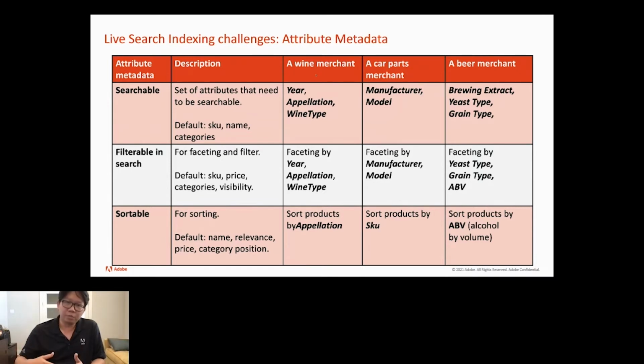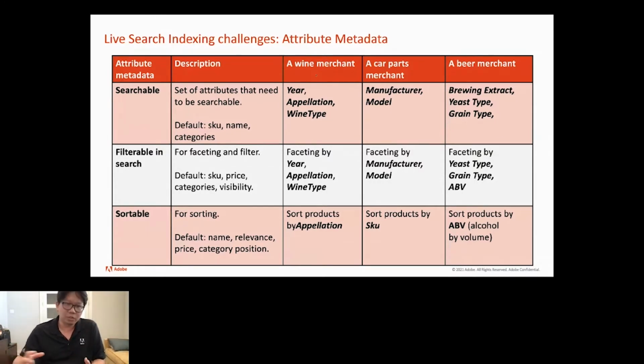They're searchable, maybe for the wine merchant, it may want to search by year, appellation, wine type, while a car parts merchant, for example, may want to search by manufacturer, model, while a beer merchant may want to search some attributes of the product, such as brewing extract, yeast type, and so on and so forth.